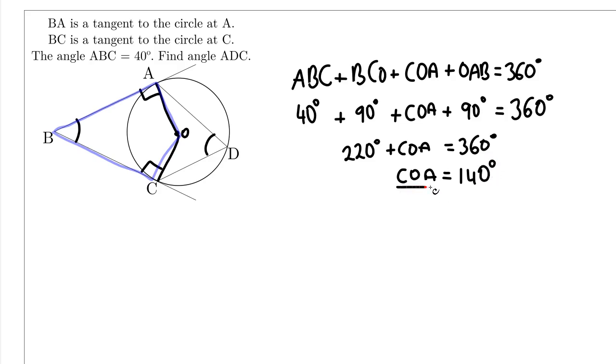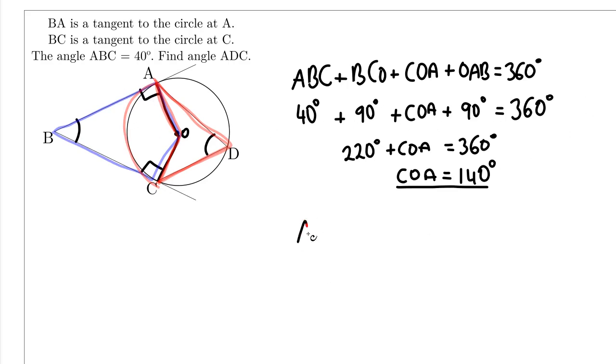140 degrees. But that's not the end of the question. We need to find the angle ADC. And what we now see is that the angle AOC and ADC are related through the first theorem. That is, the angle at the center of the circle, AOC, is twice the angle at the circumference, ADC, drawn from the same arc, the arc being AC.